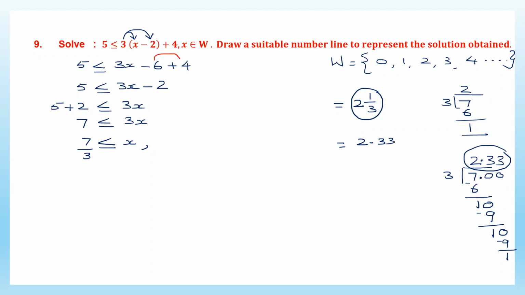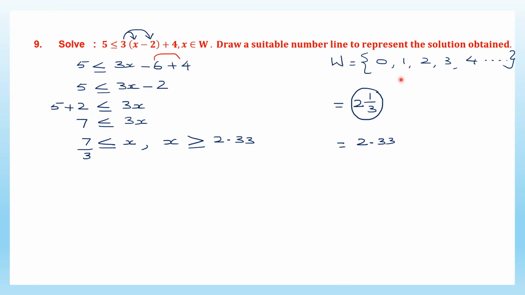So that means x is greater than or equal to 2 1/3 or 2.33. So let's look at our whole numbers. Let's look at all the numbers greater than 2.33. Now 2 is here. 2.33 will be in between 2 and 3, so it will be here.